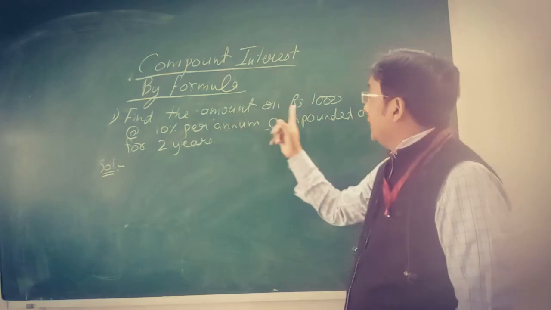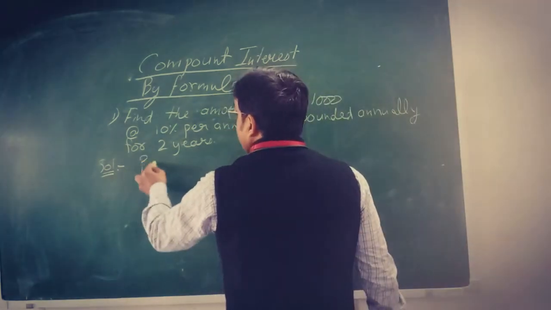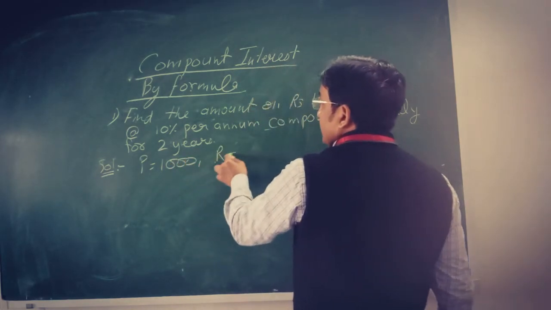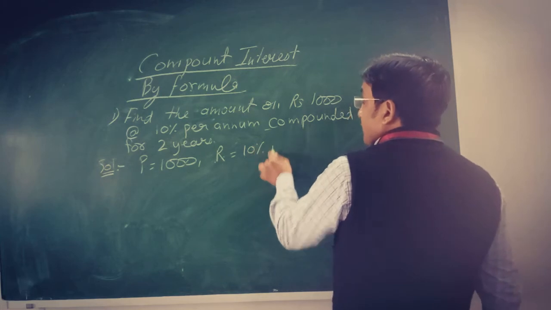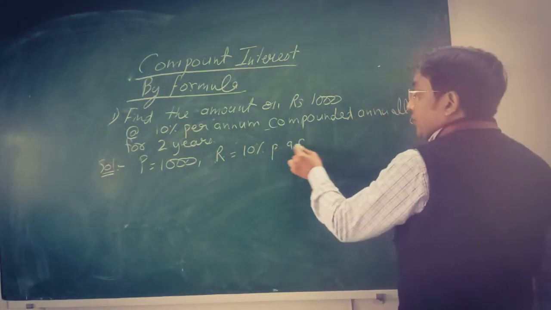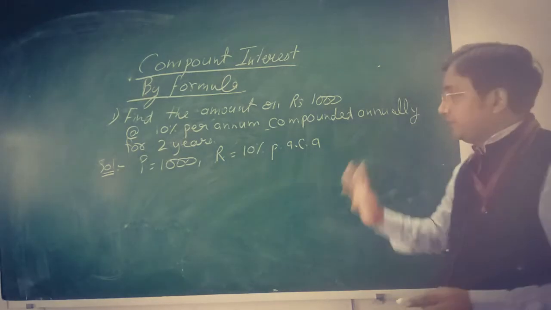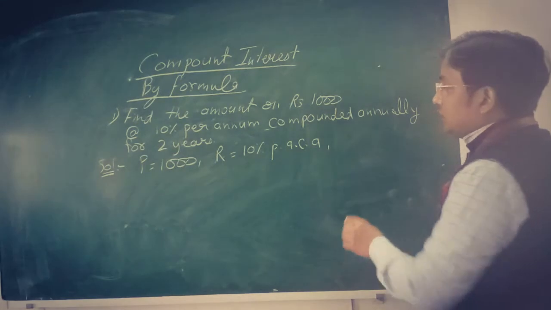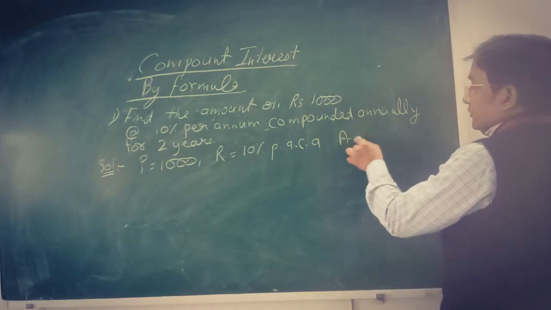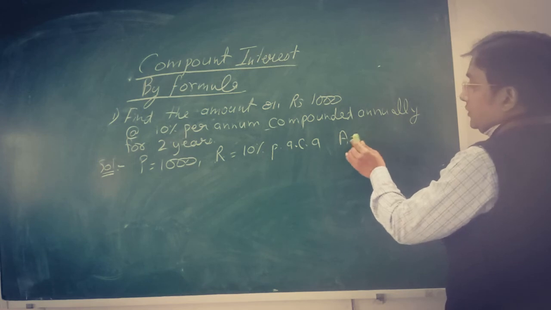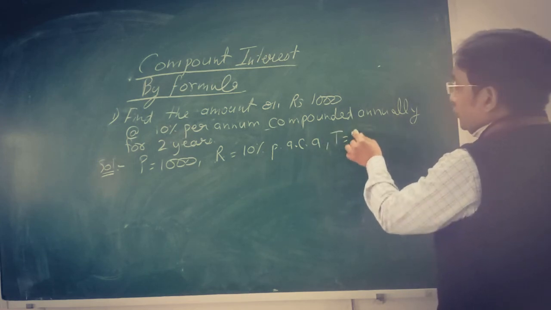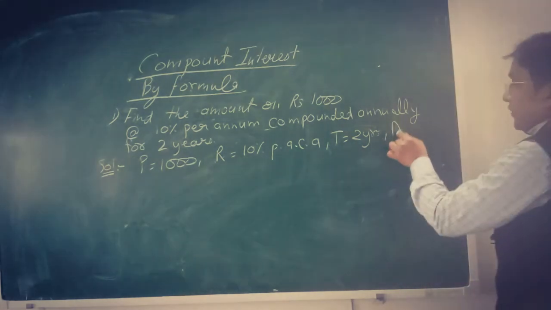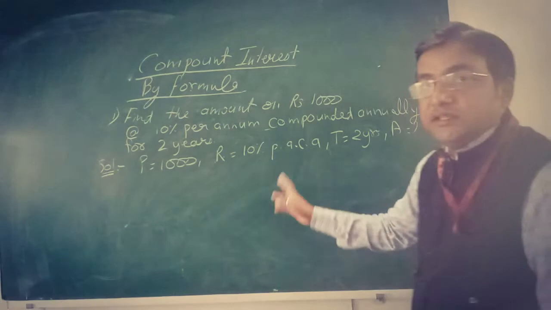I have to find A. The principal is 1,000 and the rate is 10% per annum compounded annually. The time is 2 years, and you have to find the amount.